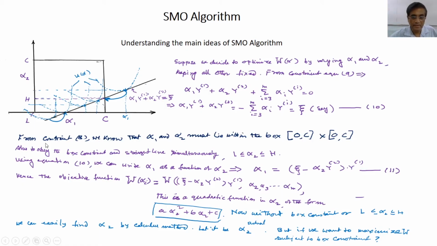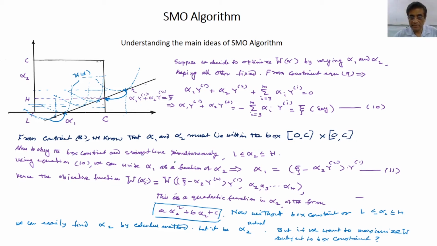If the straight line is here, then this will be my H. L remains the same. So the box will take the shape between L and H. I hope this is clear. This is the basic essence of the SMO algorithm.